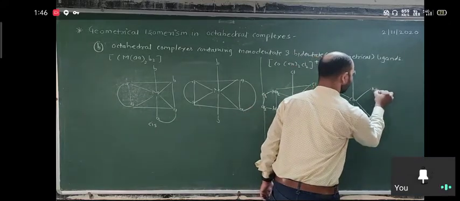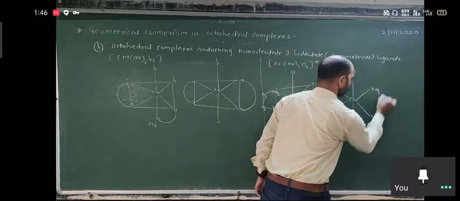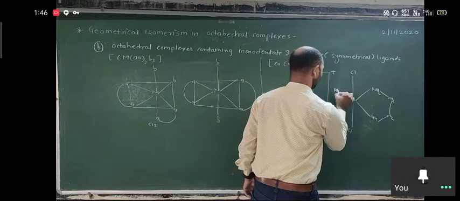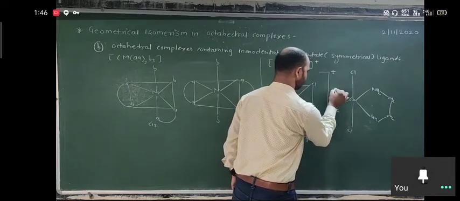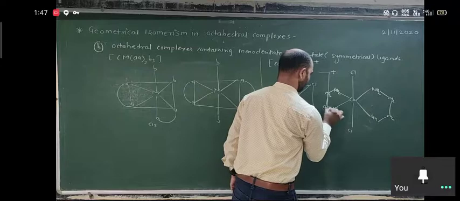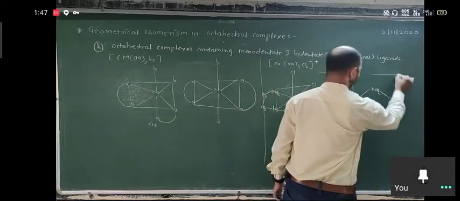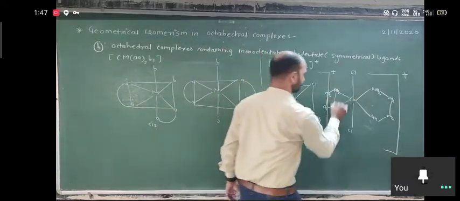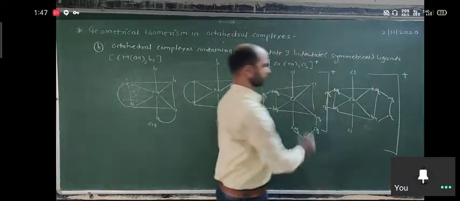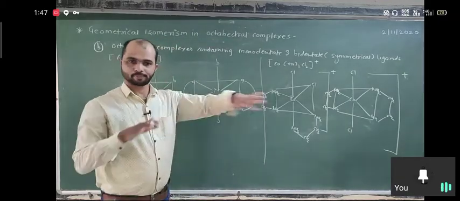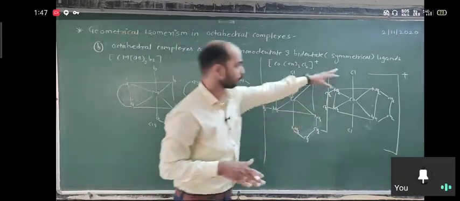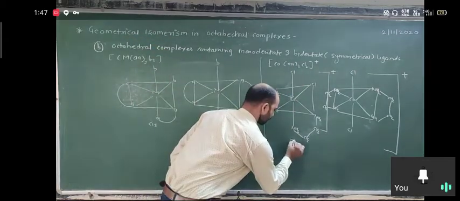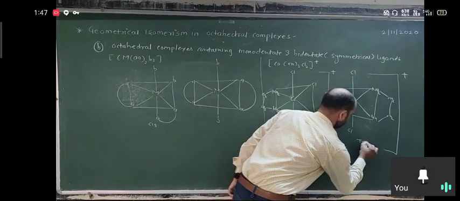So ethylene diamine is a part of the plane, and both the Cls are oppositely oriented. That means here is the cis and given is the trans.